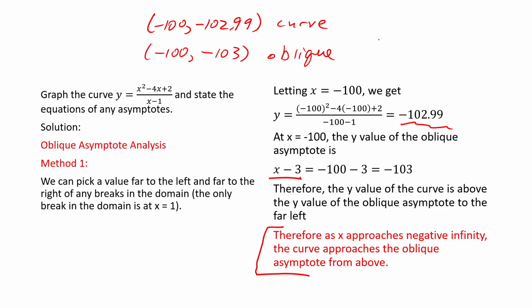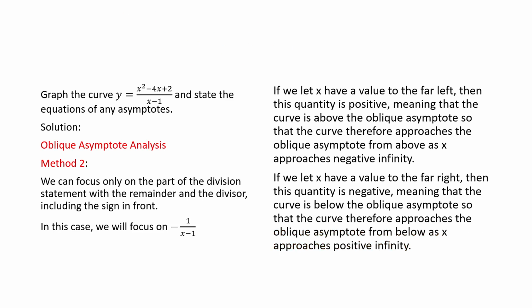If we focus on just the part that said minus 1 over x minus 1, we see that if we let x be a number like negative 100, we'll have minus 1 over negative 100 minus 1, and this is overall a positive value. So to the far left, the amount that I'm adding to the oblique asymptote is positive. That tells me that to the far left, the curve has a slightly greater y value than the oblique asymptote, so the curve approaches the oblique asymptote from above.